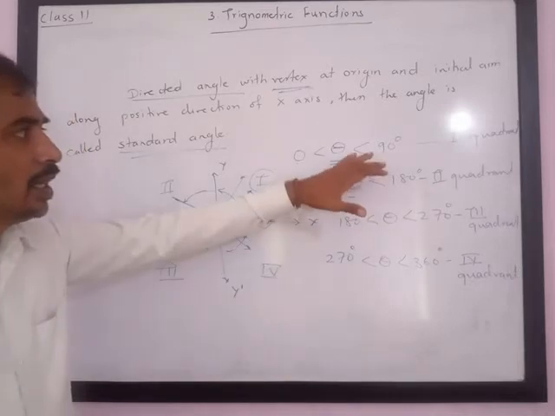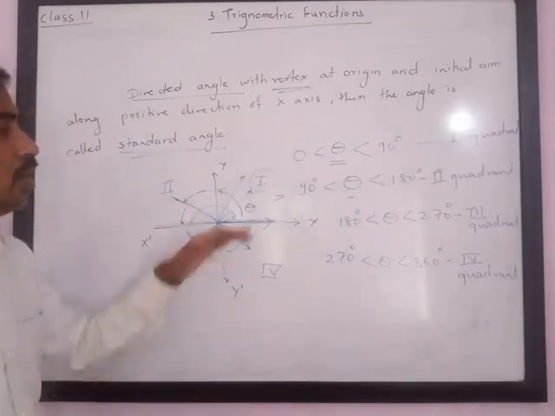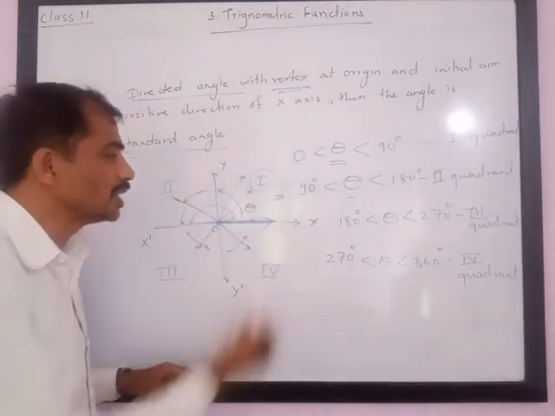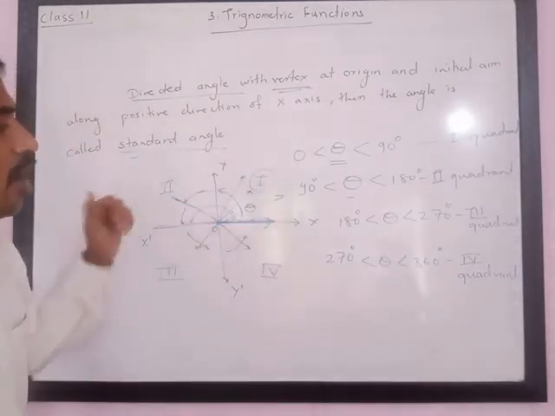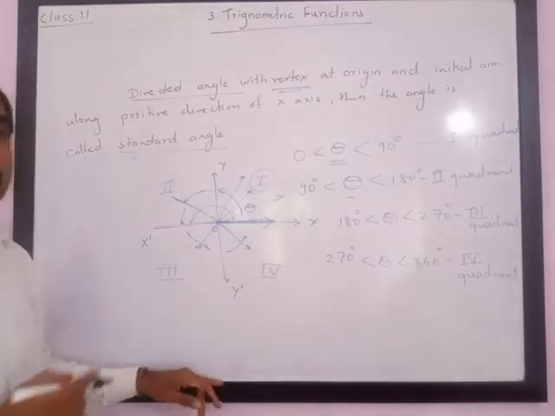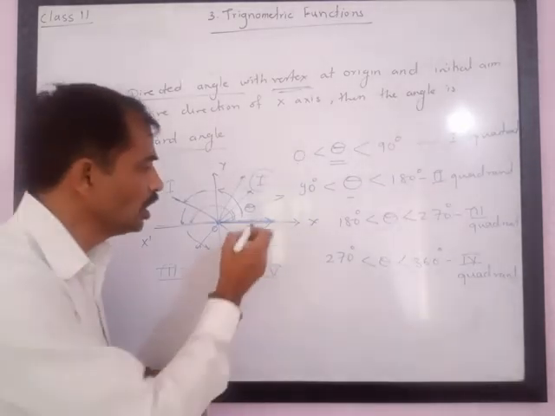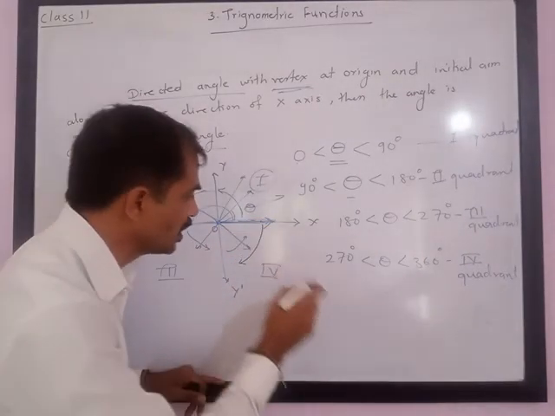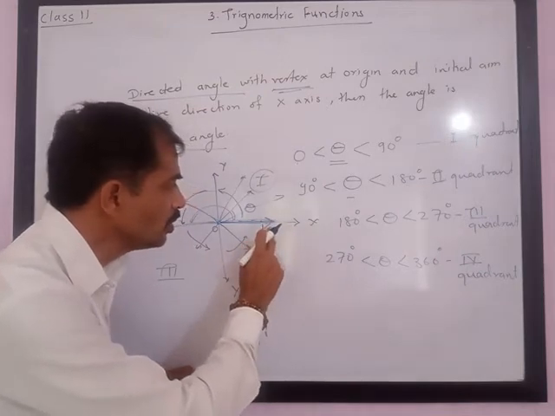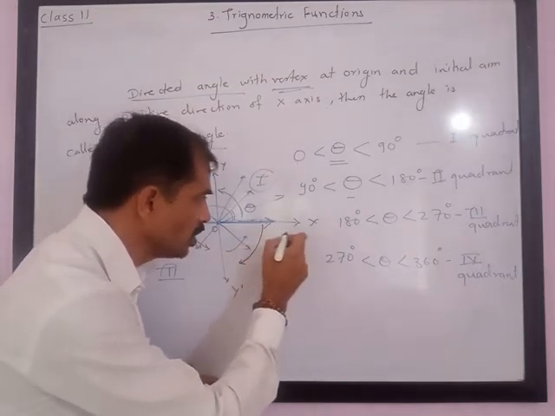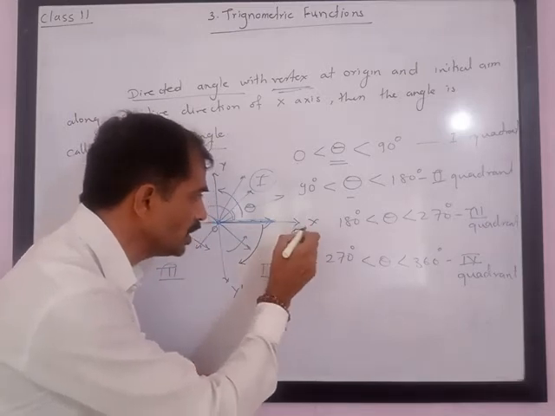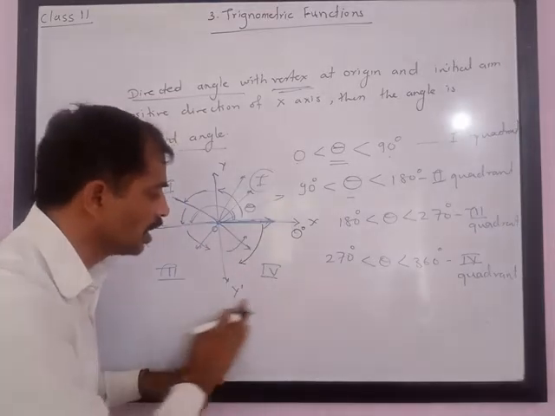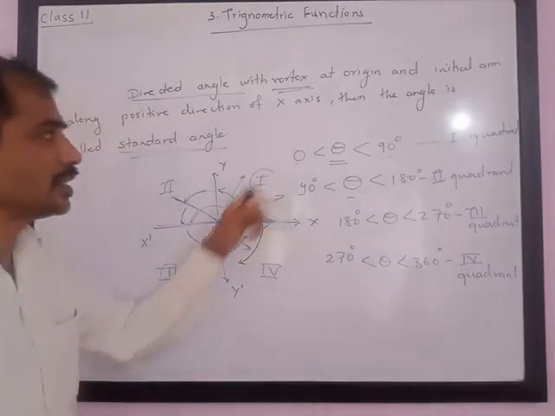Now see, the same can be understood if the initial arm is rotated in clockwise direction. Then the measure of the angle will be negative. We will get the measures from 0 degrees going negative, with 90 degrees in reverse order.